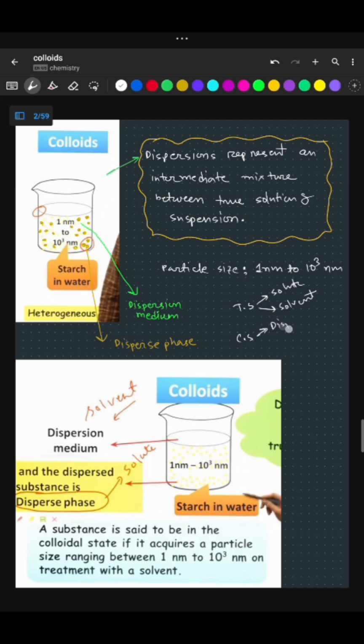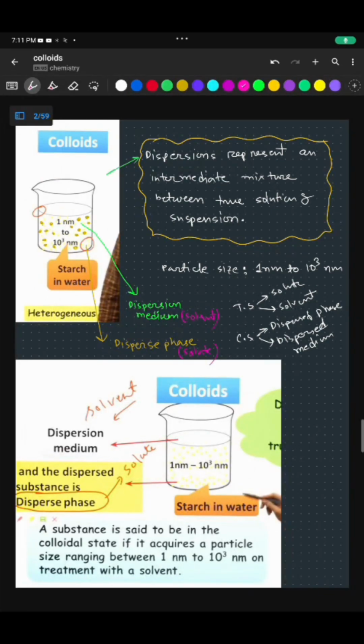One of them is dispersed phase, and the second is dispersed medium. And the irony is that dispersed medium is more like solvent in true solution, and dispersed phase is more like solute in true solution. So I hope you understand. These particles that you see are from.